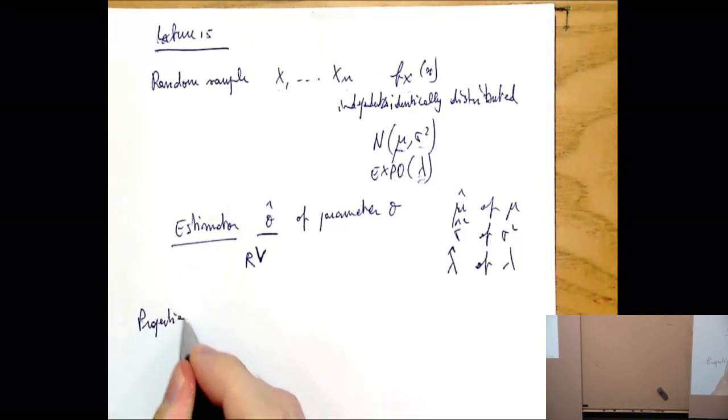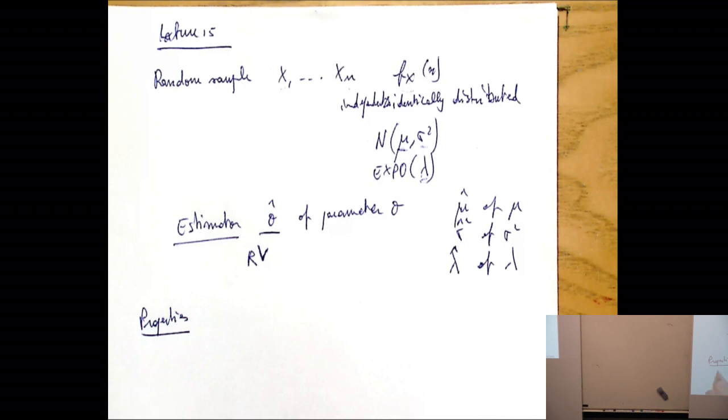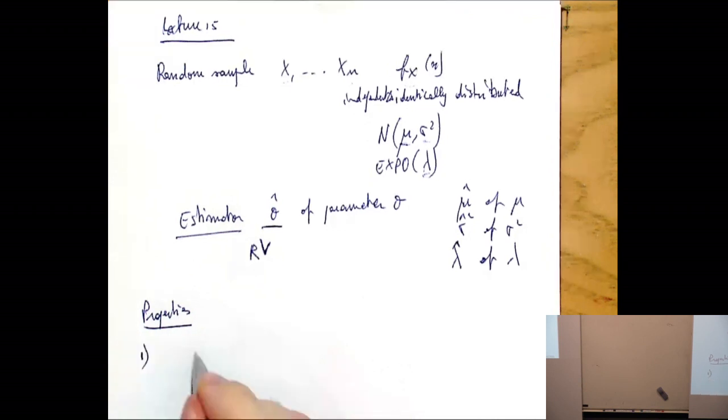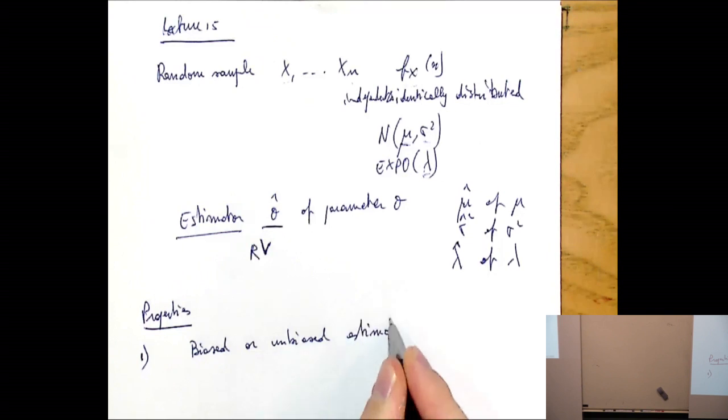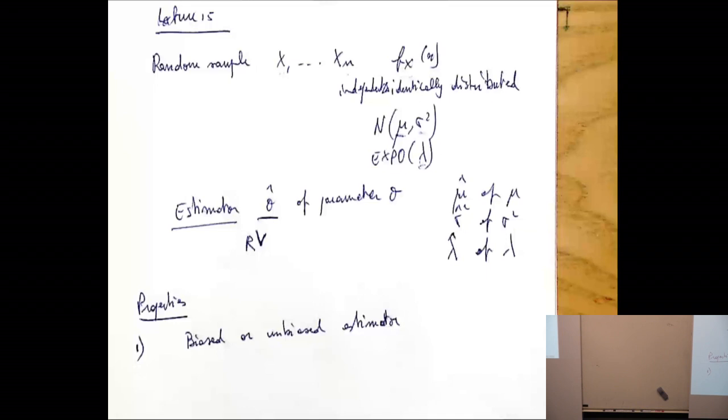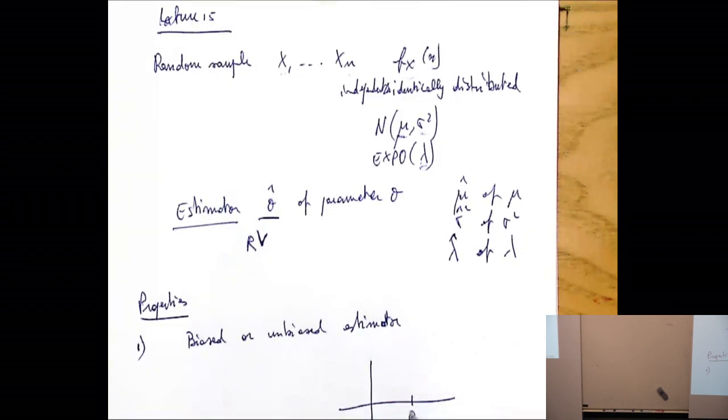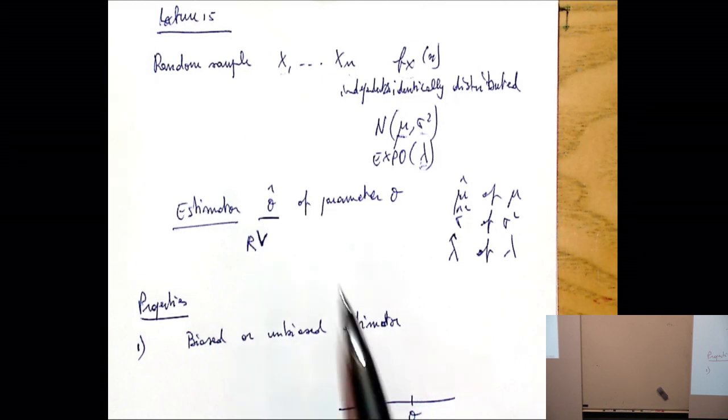So what we did last week was identifying two properties, and we talked about whether the estimator is a biased or unbiased estimator, right? So what does that mean? Well, if I have a certain parameter to estimate, let's say parameter theta, and I construct a certain estimator, theta hat.